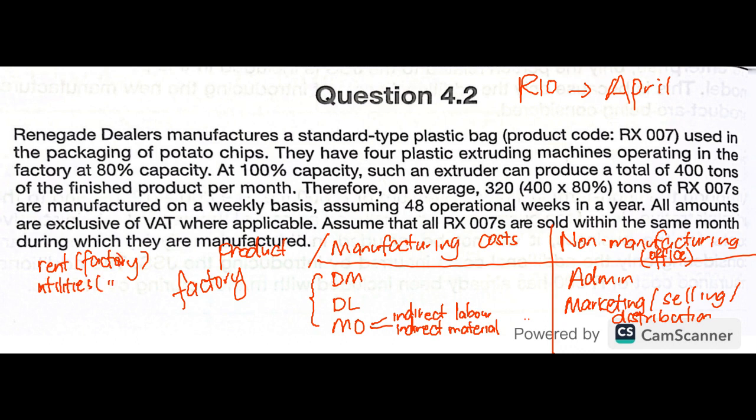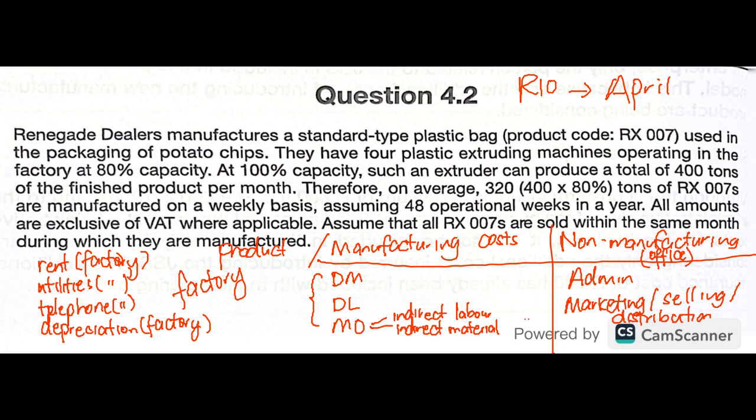Then you have maybe the telephone bill for the factory. You have the depreciation for the factory, and so on. So anything that is related to the factory but is not direct in nature, so it's not direct material or direct labor, would fall into the category of your manufacturing overheads. So that's your manufacturing costs, which are also your product costs.